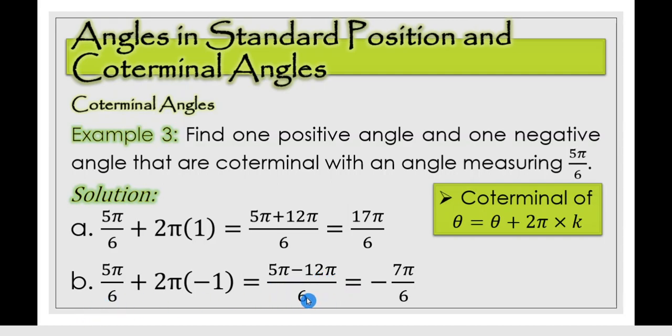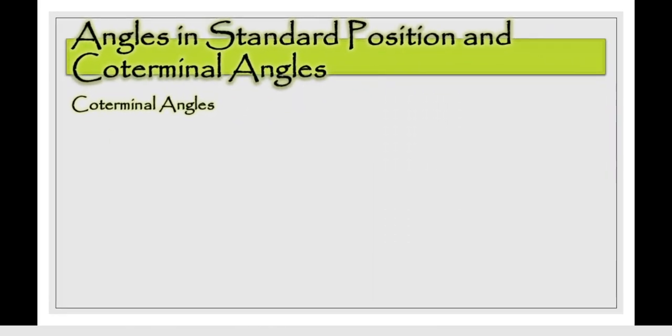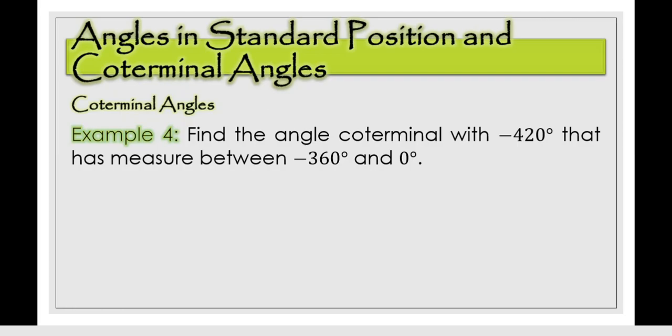LCD, 6. 6 divided by 6 is 1 times 5 pi is 5 pi. 6 divided by 1 is 6 times 2 pi, 12 pi times negative 1 is negative 12 pi. Equals 5 pi minus 12 pi is negative 7 pi over 6. That's it. Next, let's have example number 4 or the last example.